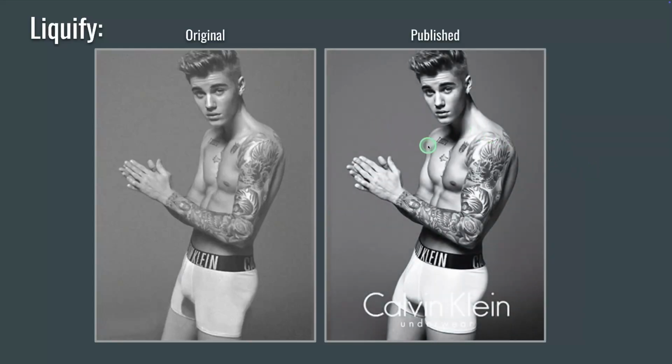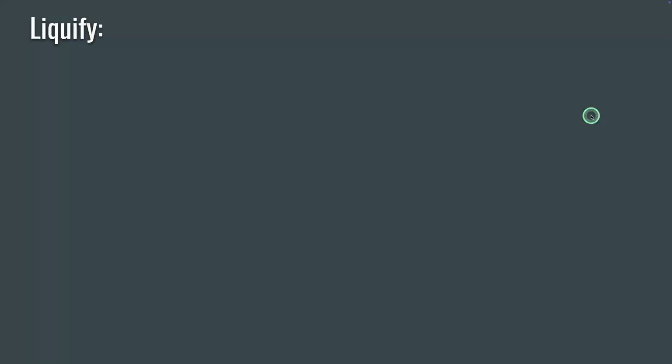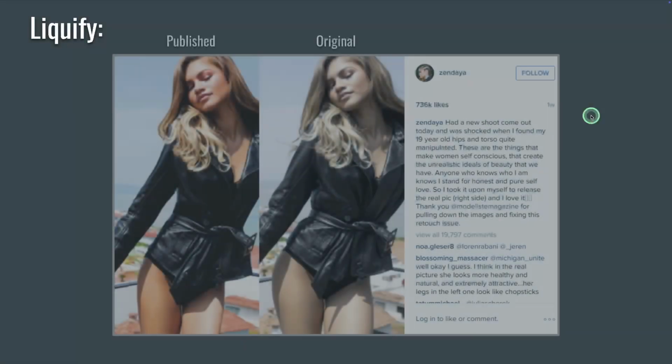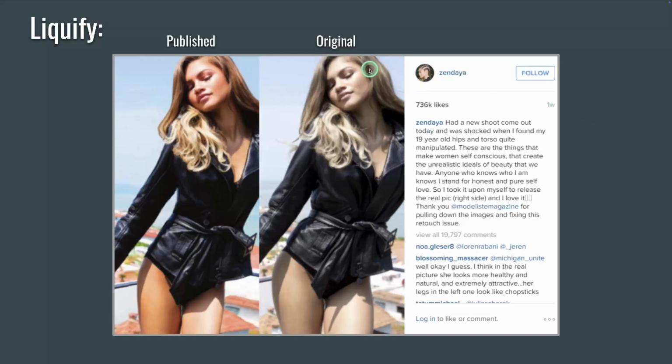So you can see that they took quite a few liberties with certain things. They made him a little bit bigger in more ways than one, and this is the one they chose to display in the ad. But as you can tell in the before and after comparison, the one they showed is not real. They're trying to pass off this fake fantasy, so to speak, of what someone would look like with the underwear.